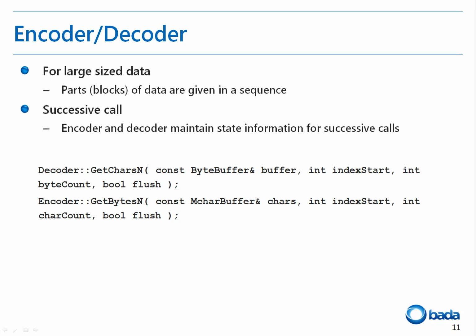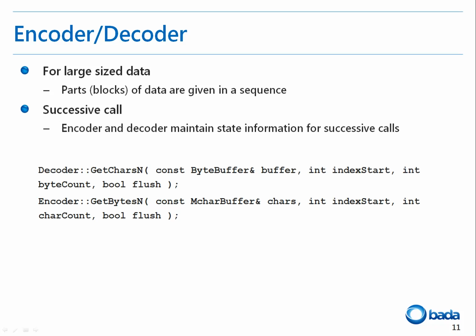Besides the encoding class, the encoder and decoder classes are also provided. These classes are used to encode or decode a relatively large amount of data. To support a large amount of data, parts or blocks of data are converted in a sequence using successive calls.